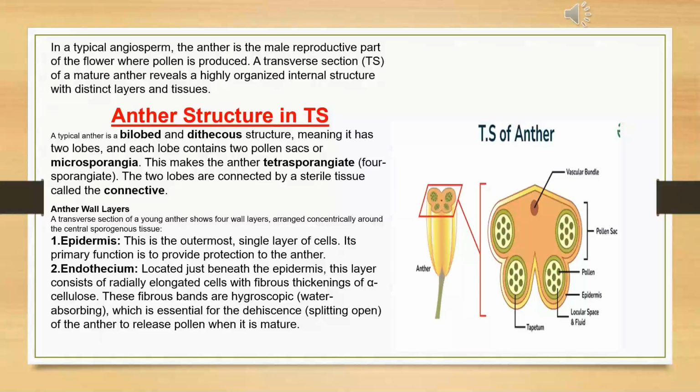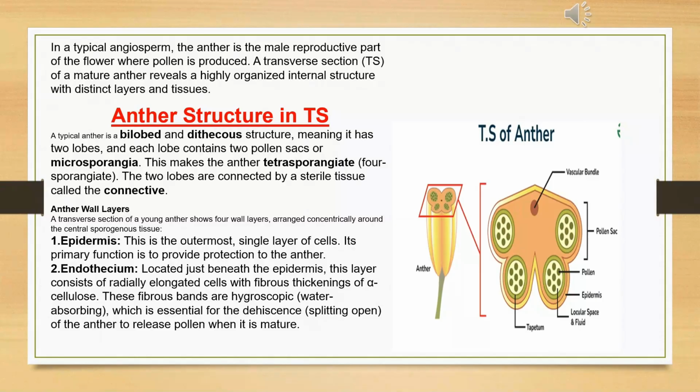The second layer is the endothecium. It is located just beneath the epidermis. This layer consists of radially elongated cells with fibrous thickenings of cellulose.